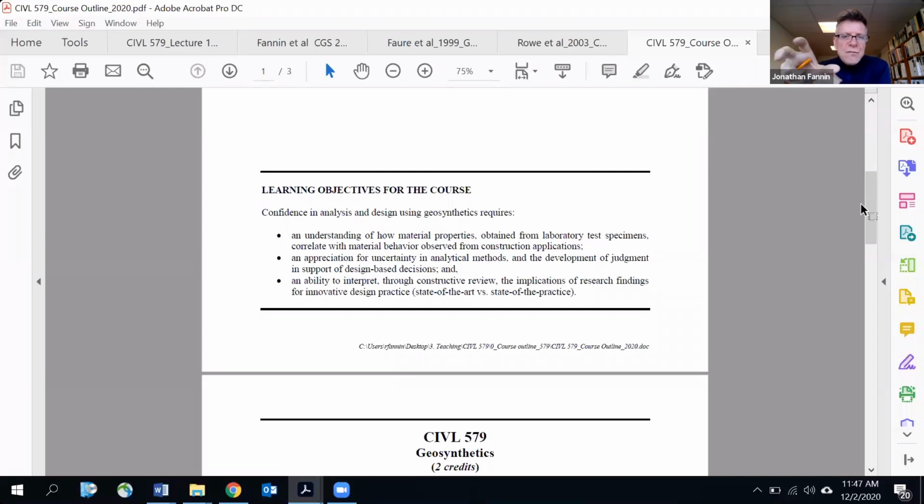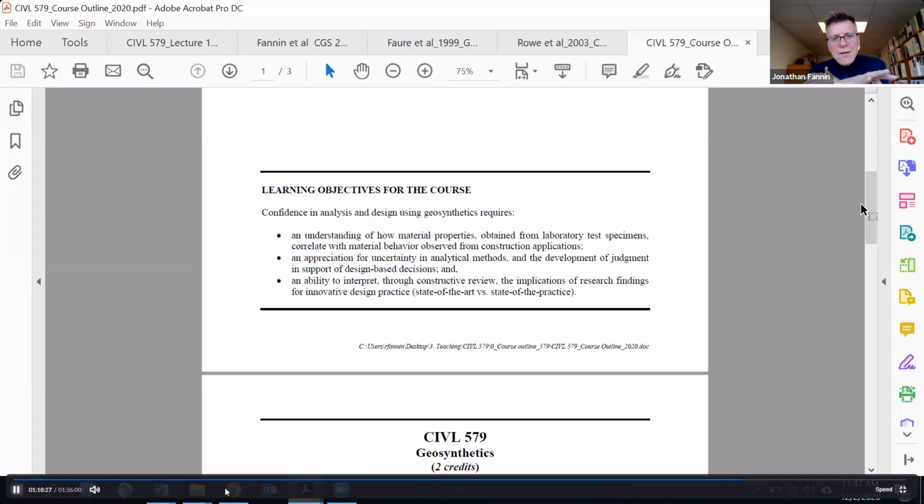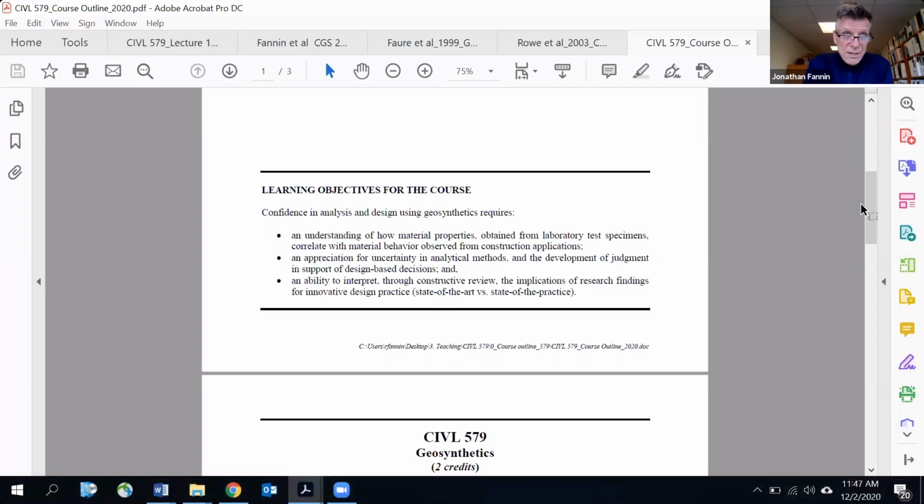And then an appreciation for uncertainty and development of an element of judgment. And then an ability to interpret through constructive review the implications of research findings for innovative design practice. And maybe some of the case studies we've looked at in durability would speak to that a little bit.